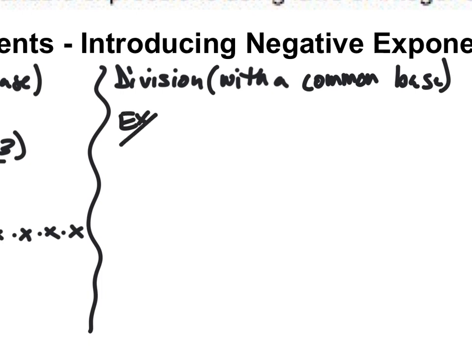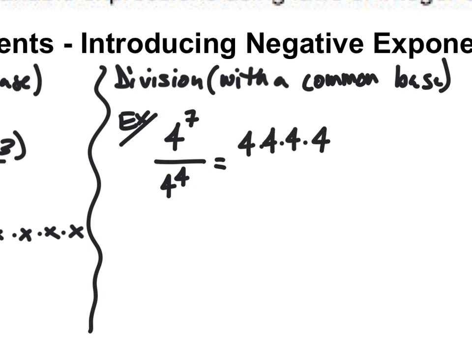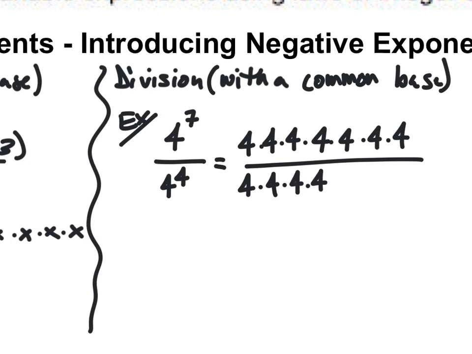Let's take 4 to the 7th and divide that by 4 to the 4th. We would multiply this out: 4 to the 7th is 4 times 4 times 4 times 4 times 4 times 4 times 4, divided by 4 times 4 times 4 times 4. So I have 7 up here, 1, 2, 3, 4, 5, 6, 7, and 4 down here.